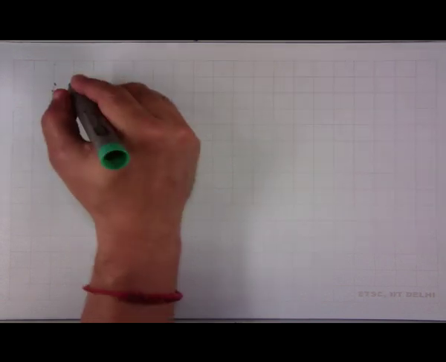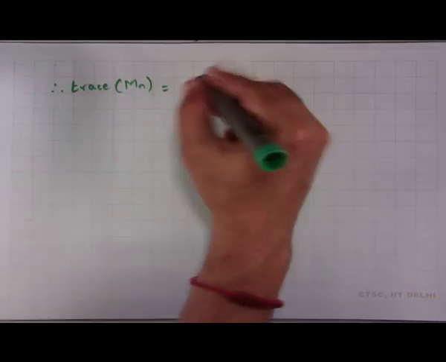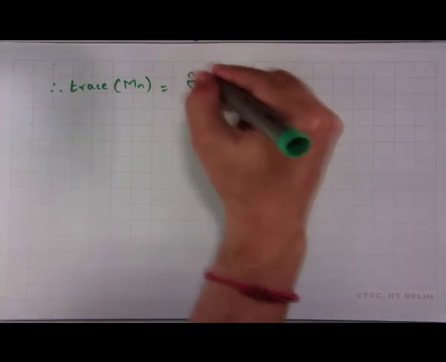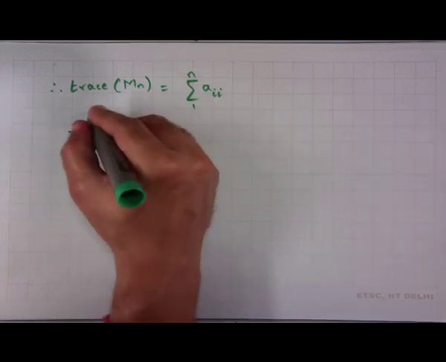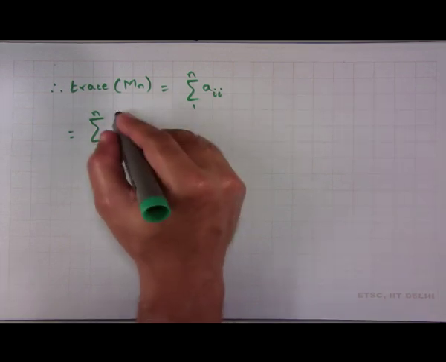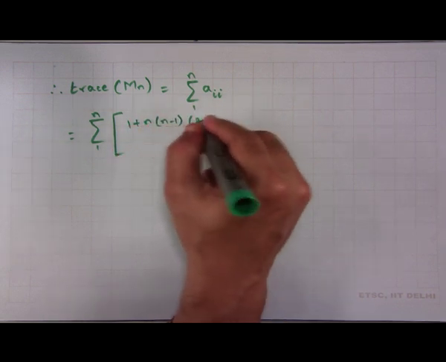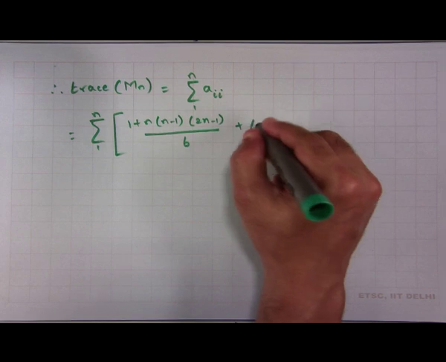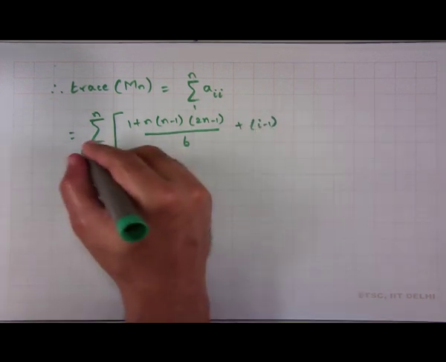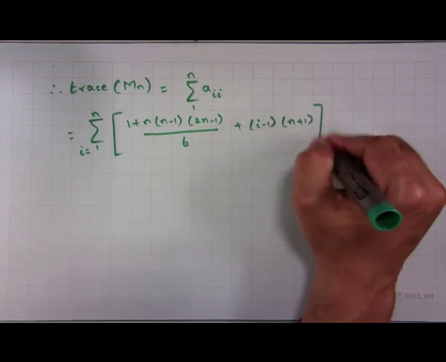What we wanted is the trace of Mn, so trace of Mn equals the summation from 1 to n of aii, which is the summation of 1 plus n into n minus 1 into 2n minus 1 whole upon 6, plus i minus 1 into n plus 1, i running from 1 to n.